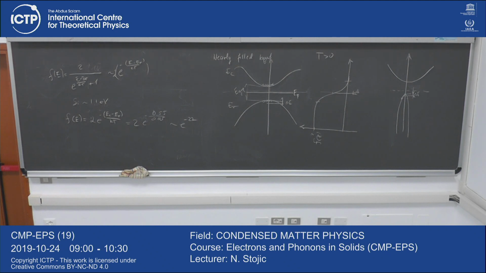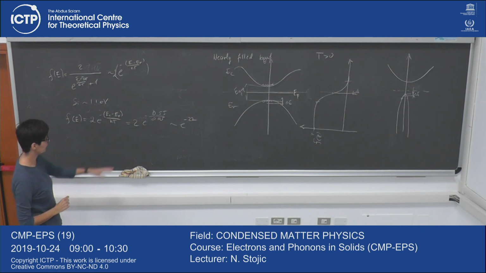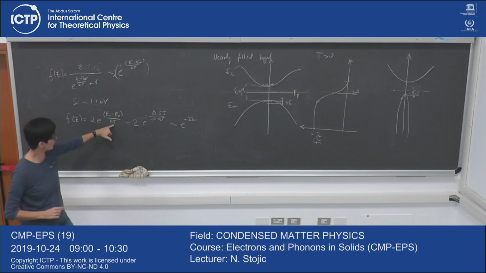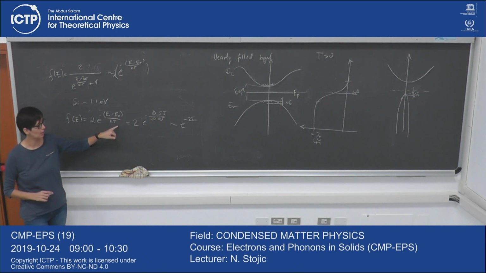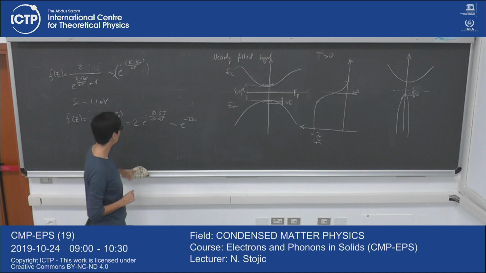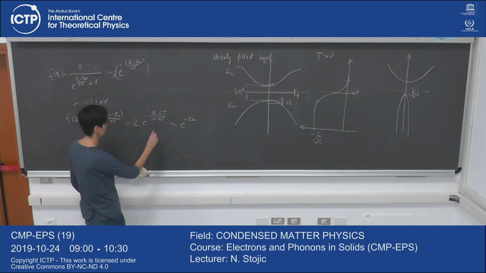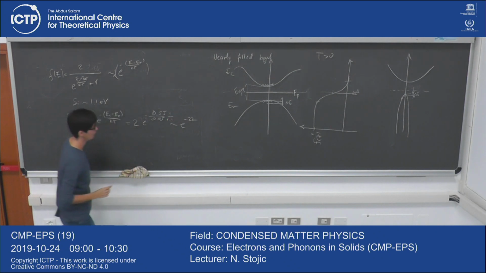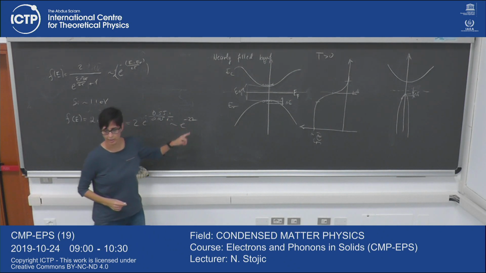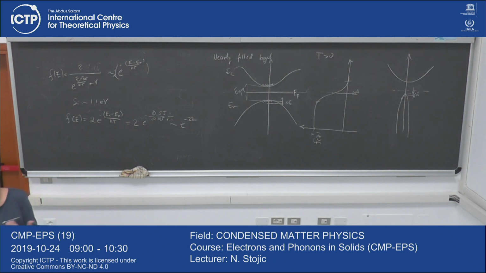So what happens when I change the temperature? This is very small. But what happens when I change the temperature by 10%? This will go exponentially, and this thing will change drastically. You can use a calculator and put the numbers in.